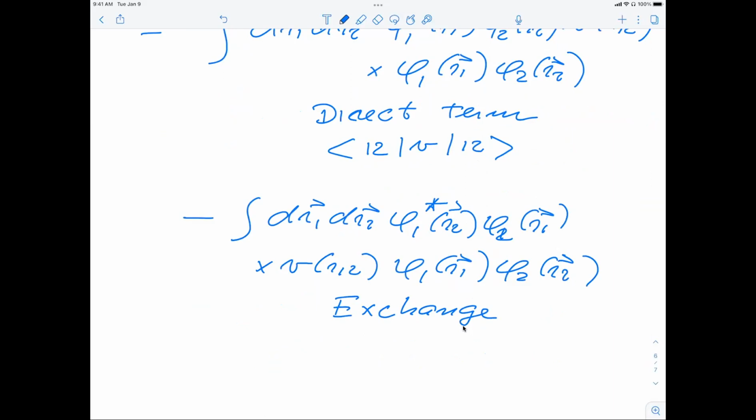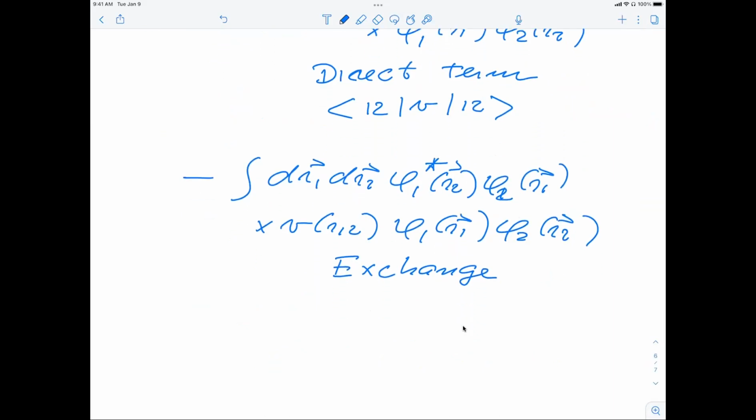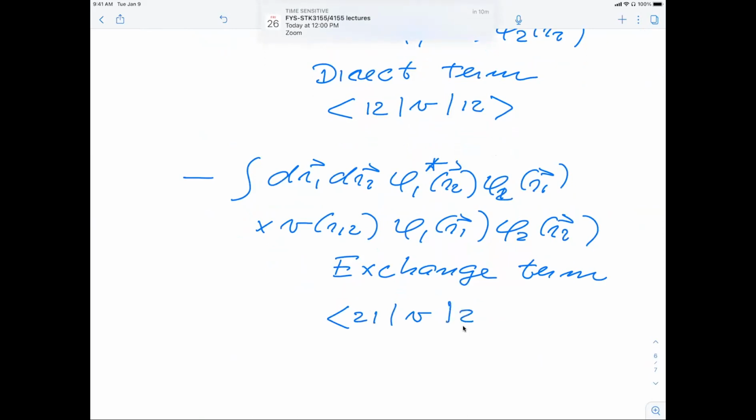If you have bosons, on the other hand, you can actually fill it in with as many bosons as you want. So this is the exchange term, or the Pauli exchange term, as many people call it. And then what we have here is that this is going to be rewritten because now we have interchanged R1 and 2, so this will be written as 2,1 of V of 1,2 here.